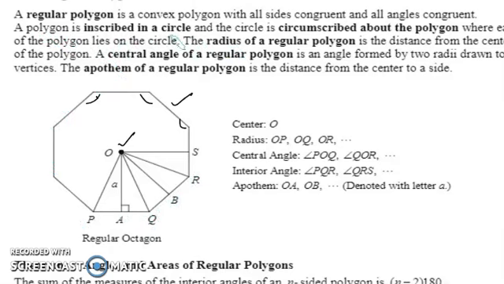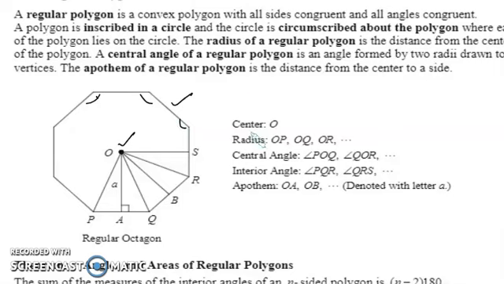A polygon is inscribed in a circle and the circle is circumscribed about the polygon, where each vertex of the polygon lies on the circle. So if you draw a circle with O as center and OP as radius, all these vertices P, Q, R will lie on the circumference of the circle.